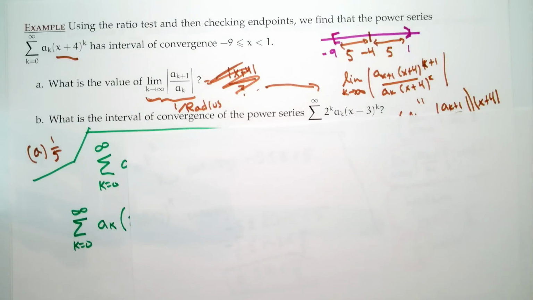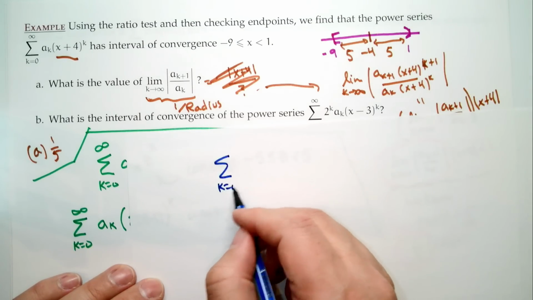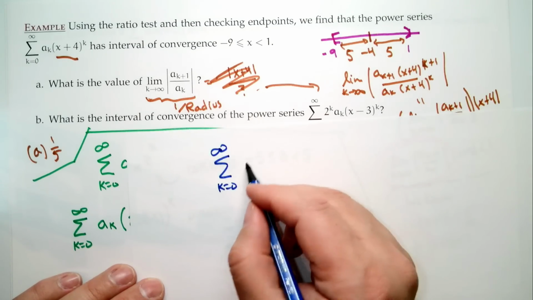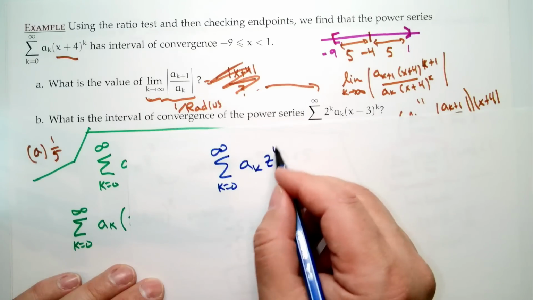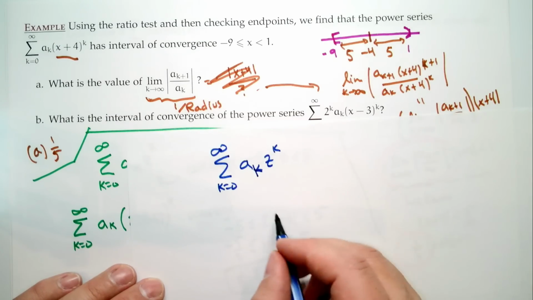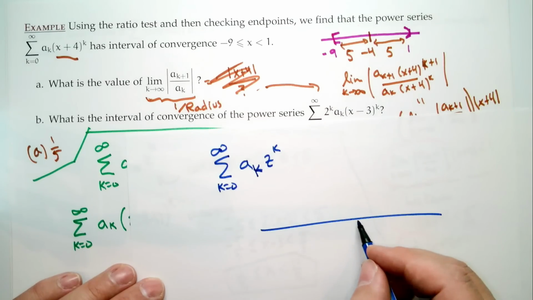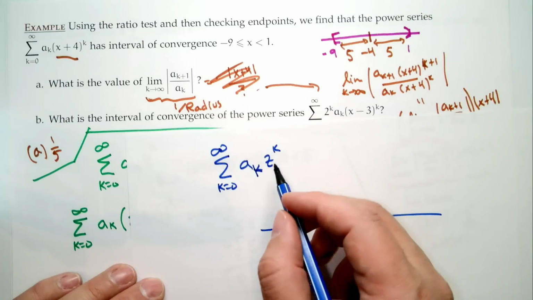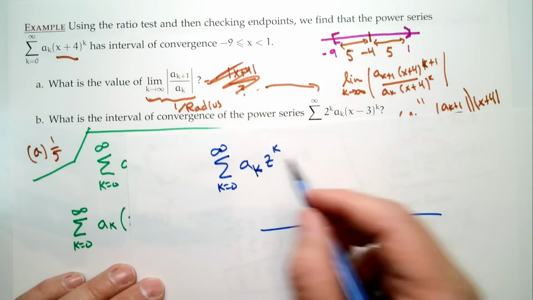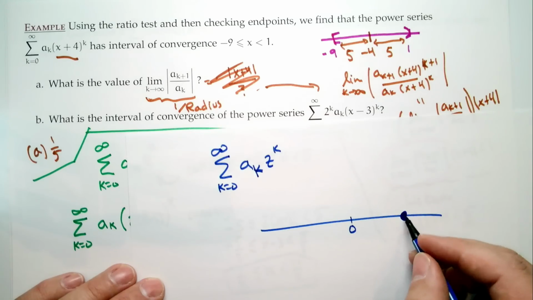So generally speaking, what's true is if I have a sum k equals 0 to infinity of a_k x to the k power, my center in this format will be just at 0. And now, when you look at it, suppose I know it converges at some point.